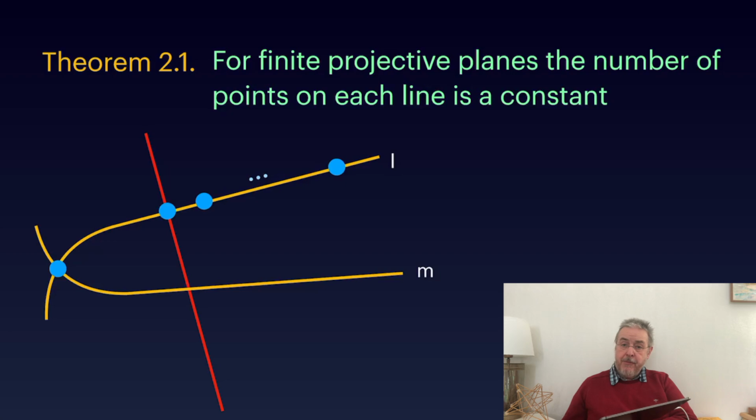We know by lemma 2.1 that on that line there are at least 3 points, and I draw one of those points and the second of those points.